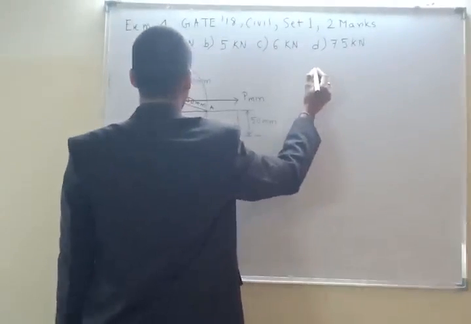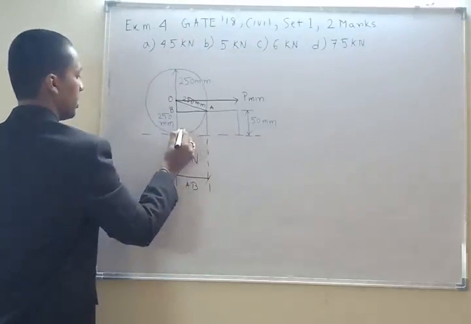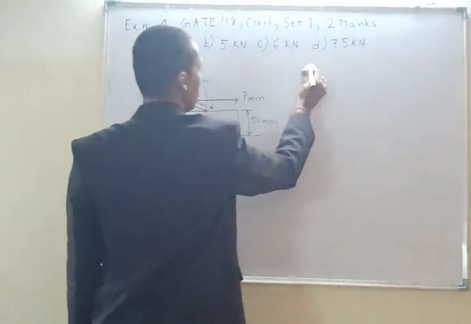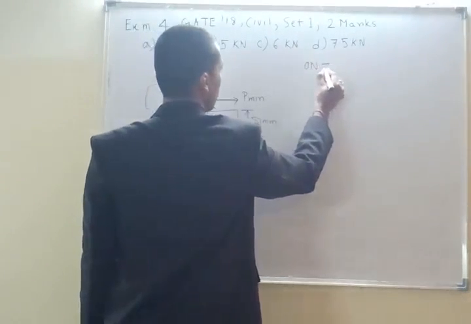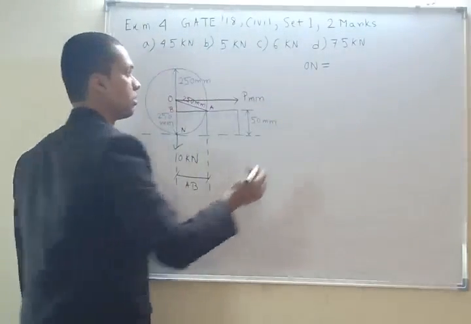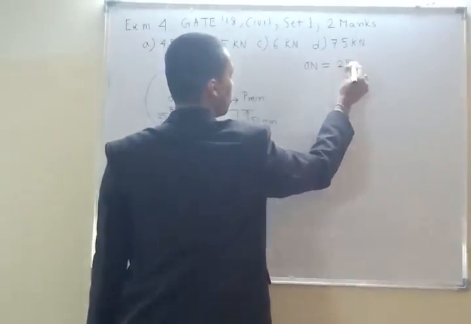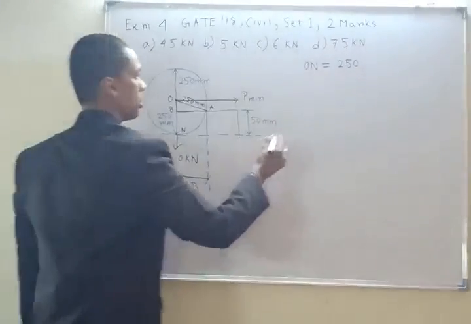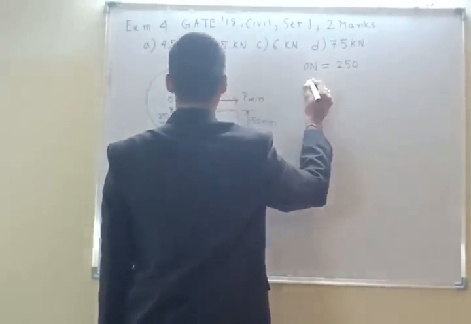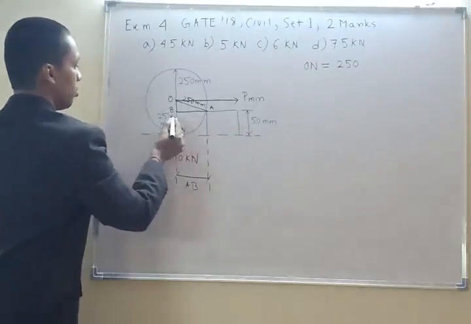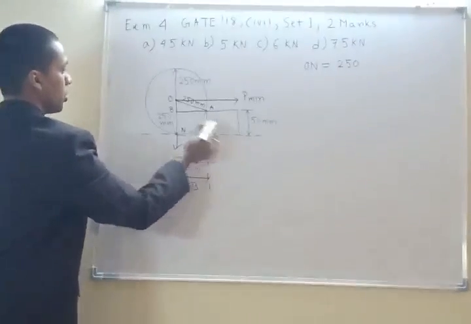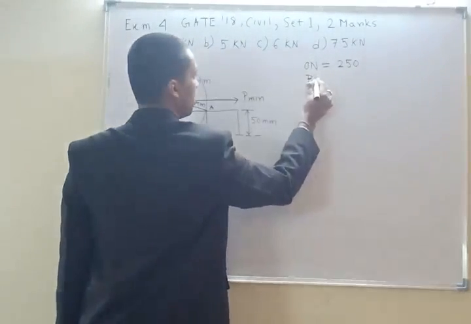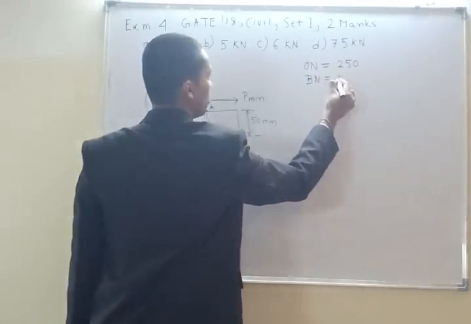If I write N here, this point is N, so ON is equal to the radius, 250, and the height of the block, that is BN, is 50.